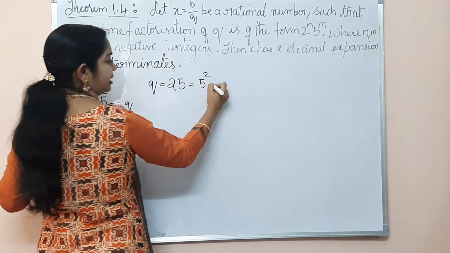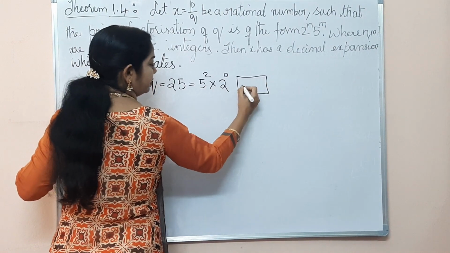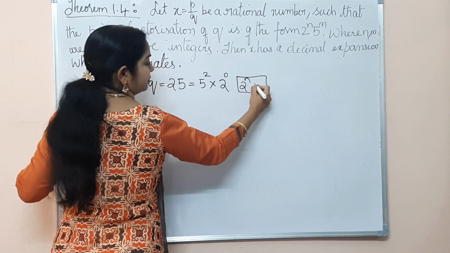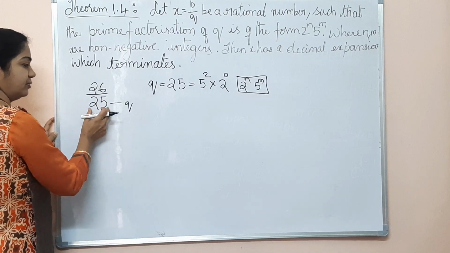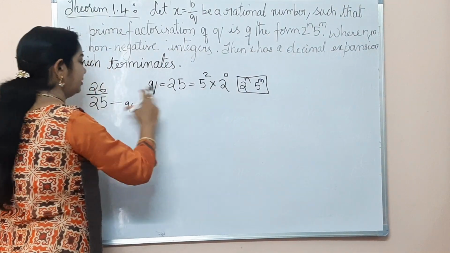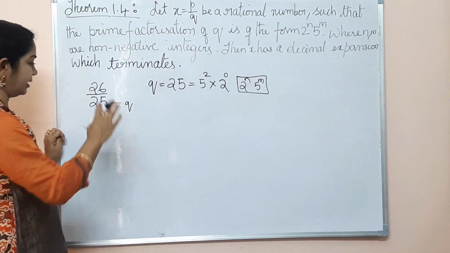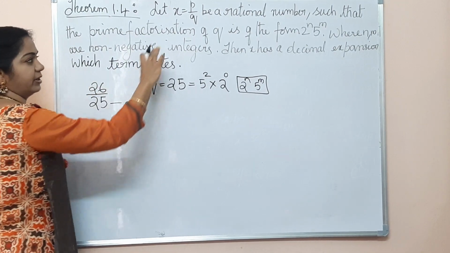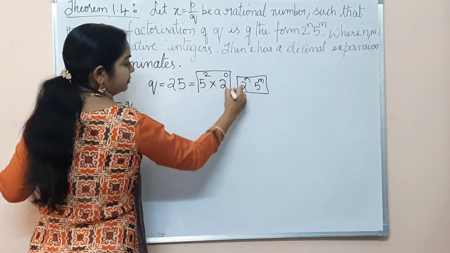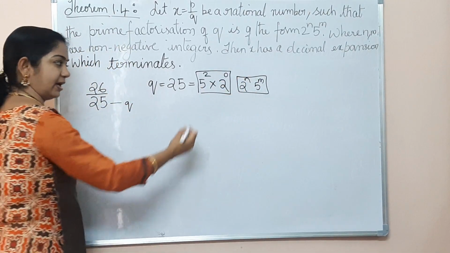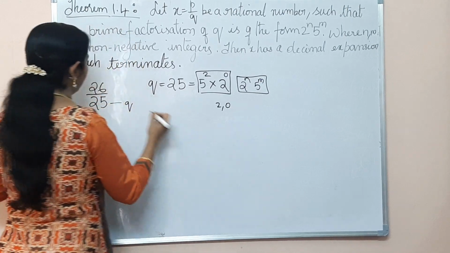So this can be written as 2 to the power of 0 times 5 square, in the form of 2 to the power of n, 5 to the power of m. Then x has a decimal expansion which terminates. If q is in this form, then this rational number's decimal expansion will terminate. According to this theorem it will terminate, because it is in the form of 2 to the power of n and 5 to the power of m, and also n and m, 0 and 2, are non-negative numbers.